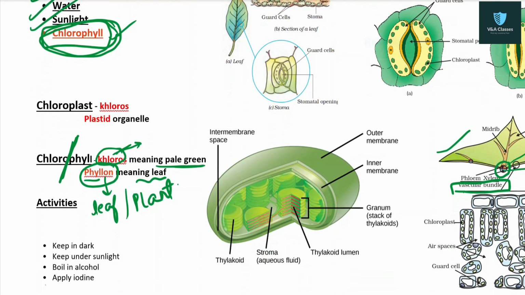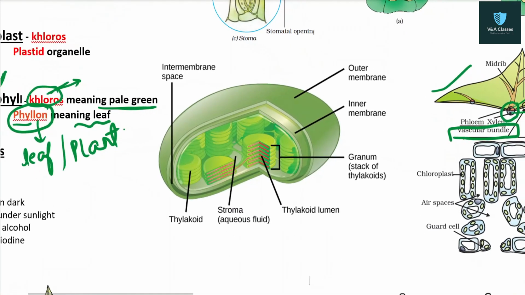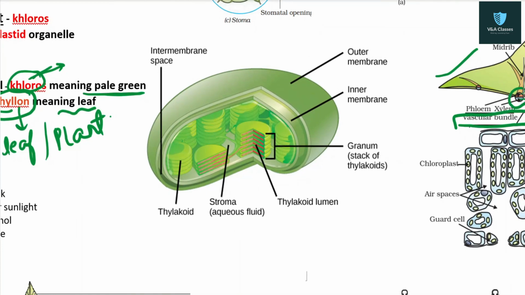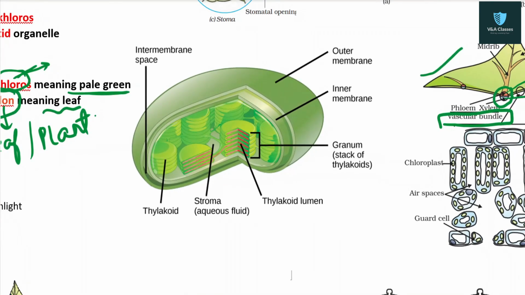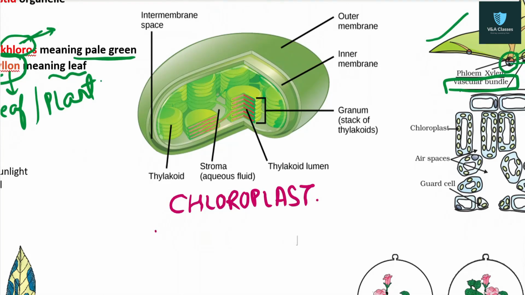Now let's see where this chlorophyll is present. Chlorophyll is present in specialized organelles called chloroplasts. What are these chloroplasts? These are specialized plastids.